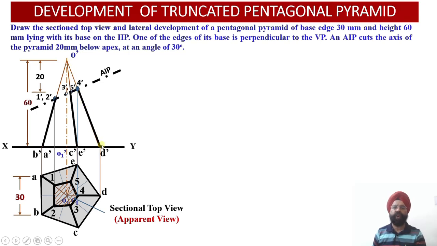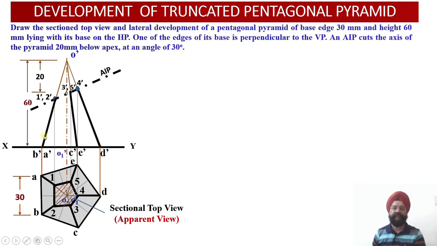Now I need to work out whether I am able to see the true length of any one of these 5 slant edges in the front view or not. So let me start with OA. OA is inclined to XY. Similarly, O dash A dash is inclined to XY. So this is no longer the true length. It is an oblique length. OB is inclined to the XY line, and similarly O dash B dash is inclined to the XY line.